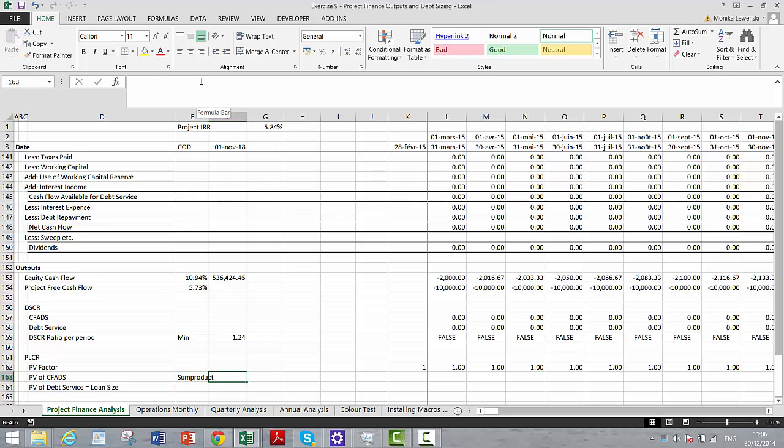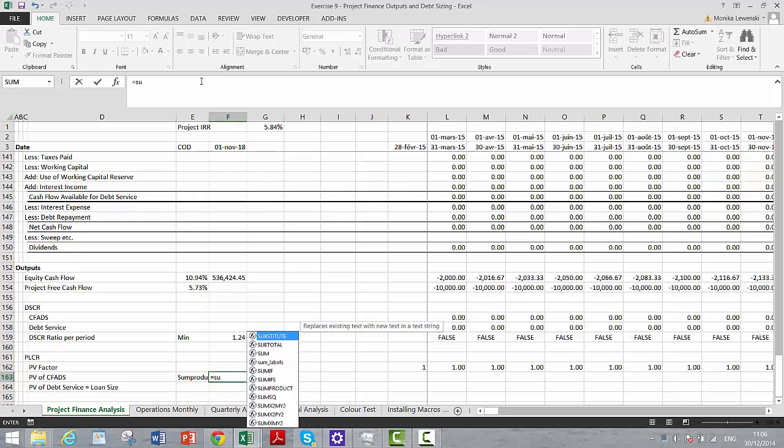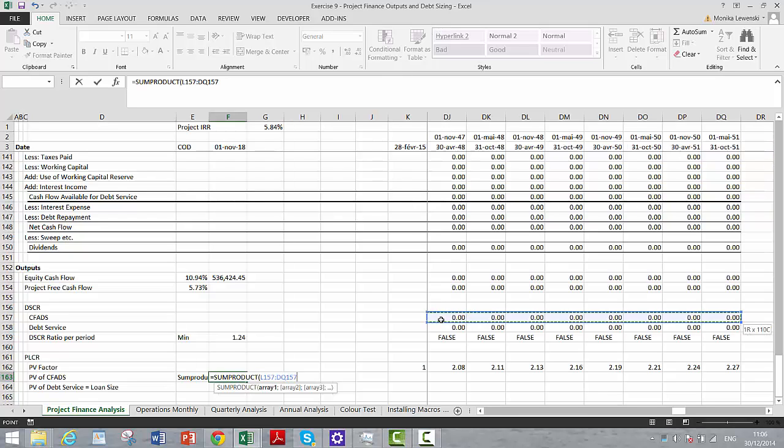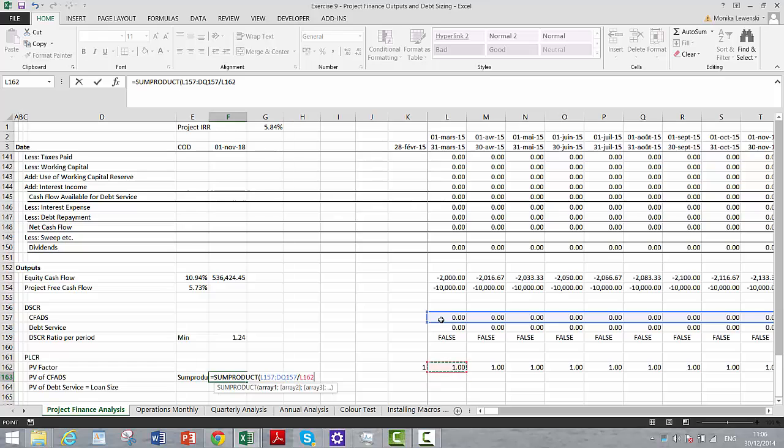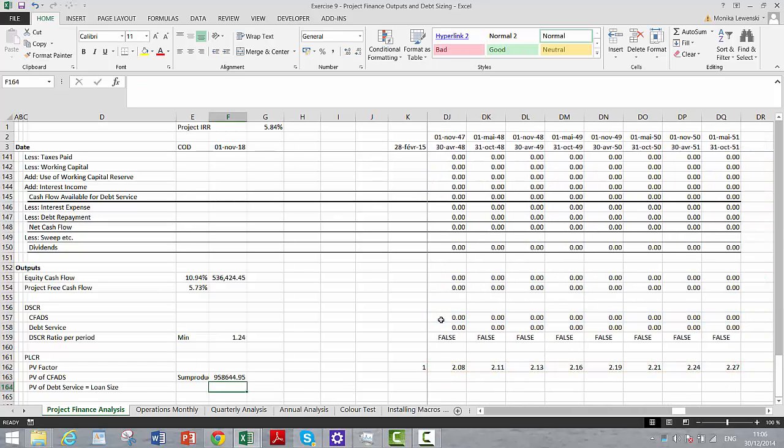And here's the nice trick with this one. You put some product, and you can go to the cash flow available for debt service just in this line, and you can divide it. It's not obvious in Excel, but it works like this.